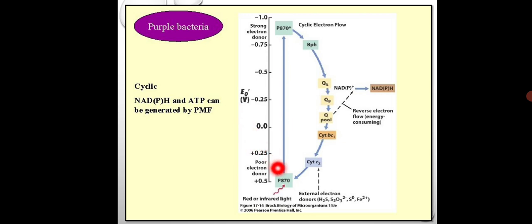Now here if we see downside, then it is termed as the poor electron donor. Now what is actually the theme? This complete process is based on, or it relies on, reduction potential.